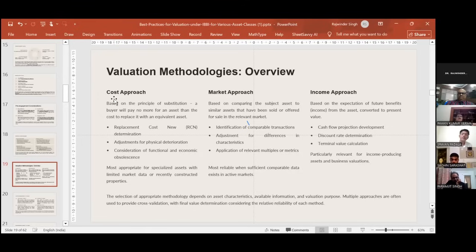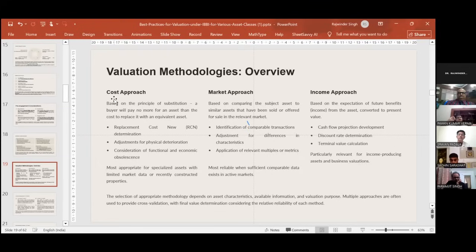It means a buyer will pay no more for an asset than the cost to replace it with an equivalent asset. So in this case, first of all, we calculate the replacement cost of the asset in new condition, that is called replacement cost new.